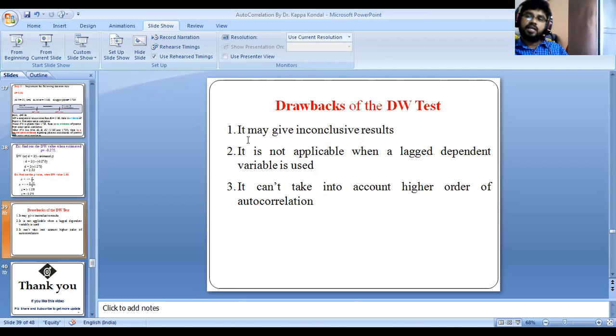That is, the present year depends on last year, and the year before, like this. So it cannot take into account higher order autoregression, that is AR(2), AR(3). So there are some drawbacks of this Durbin-Watson test.